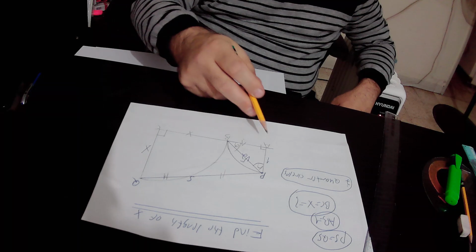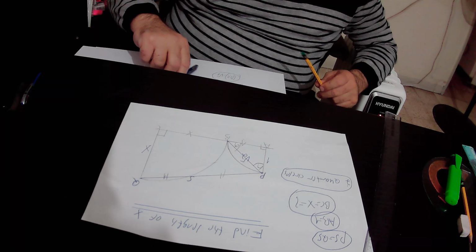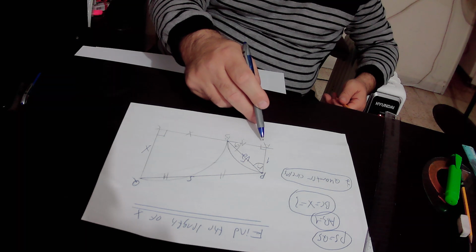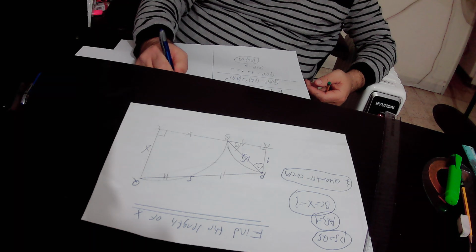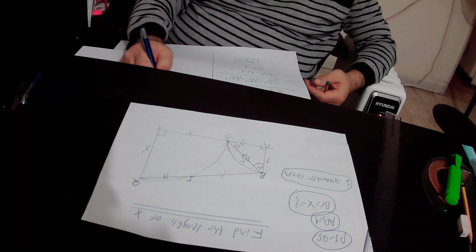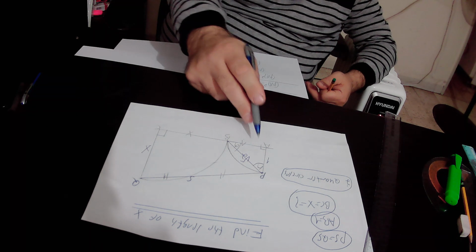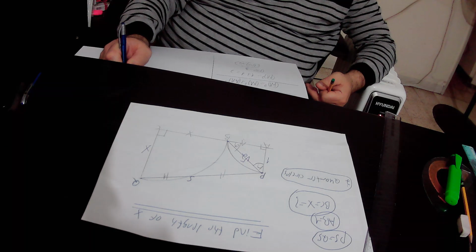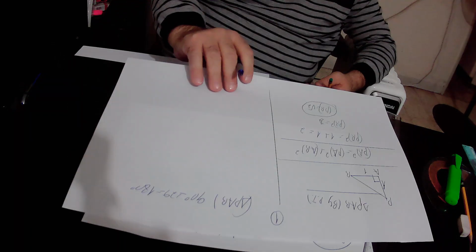So in the right triangle PAB, the sum of the angles must be equal to 180 degrees. That is to say, this angle equals 90 degrees, plus alpha, plus alpha, that is 2 alpha, in total it must be equal to 180 degrees, according to the rule that the sum of the angles in any triangle is equal to 180 degrees.